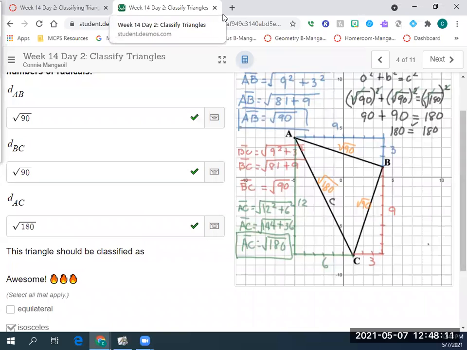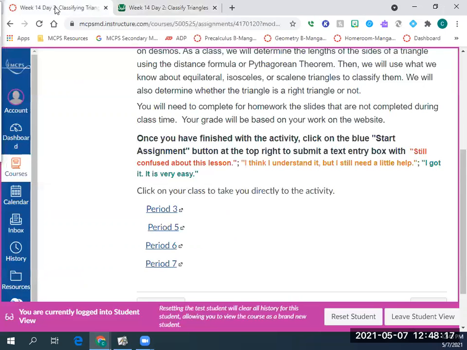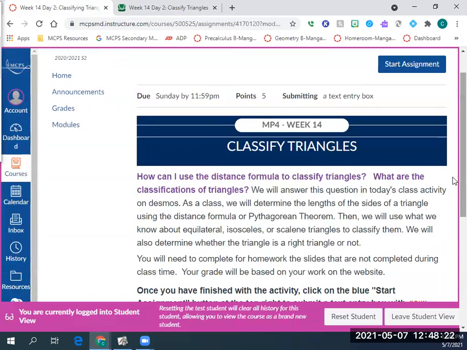Since not everyone is logged in to Desmos, go to your Canvas. Go to your modules.